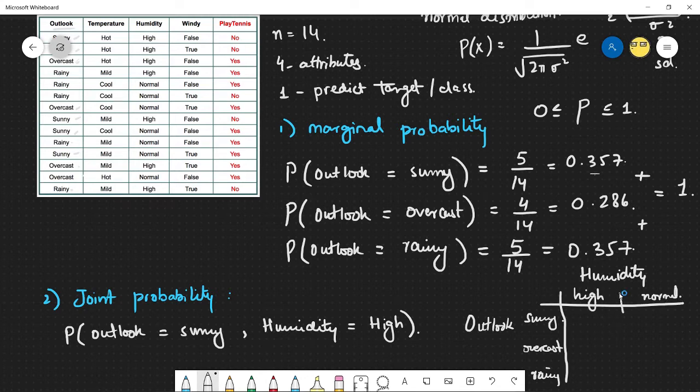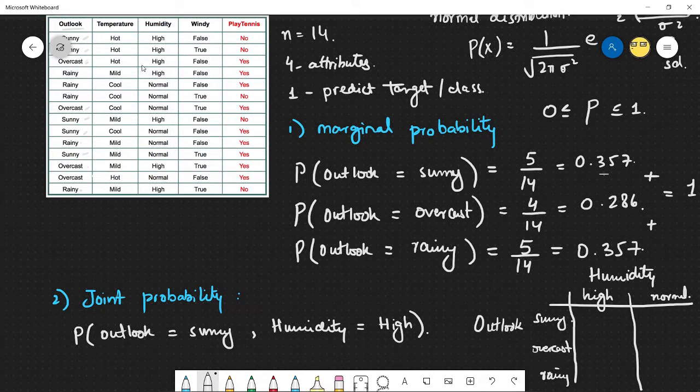We'll count the probabilities separately for when outlook was sunny and humidity was high, then outlook was sunny and humidity was normal, and so on. To do that, we find all the sunnies. Let's change the color here and count 1, 2, 3, 4, 5.